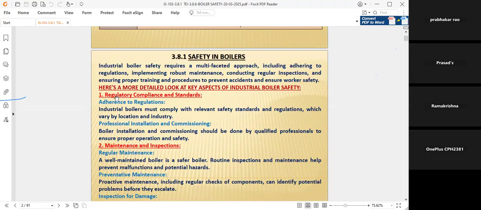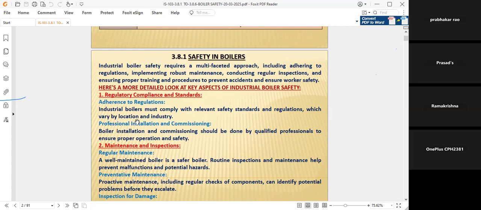Four factors are there. One is regulatory compliance standards, meaning adherence to the regulations and standards. Industrial boilers must comply with relevant safety standards and regulations, which vary by location and industry, because your region, your state, your district will dictate the regulations and standards.